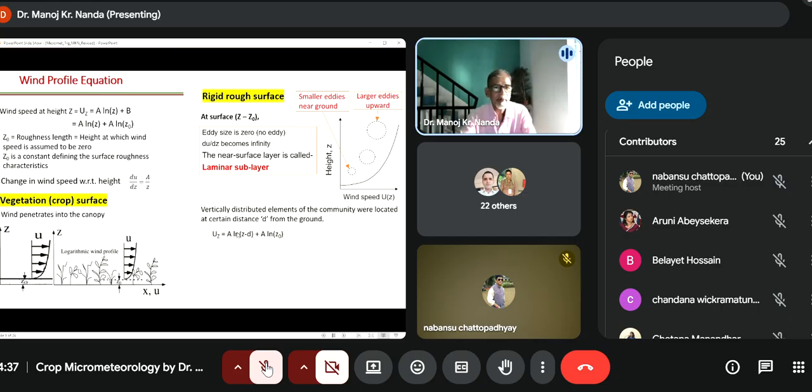So in place of ln z, I am putting ln (z minus d). Wind is not a function of z only. Wind is a function of z minus d, that is your displacement height. Some height is imagined over the surface, that is d. From that height the wind profile equation starts. So that height is called zero plane displacement.